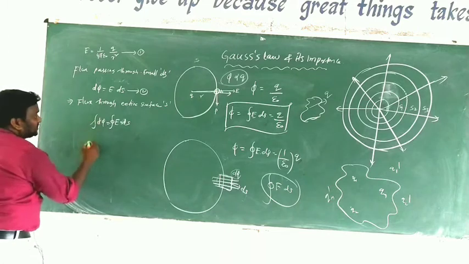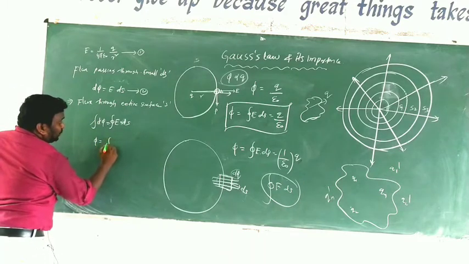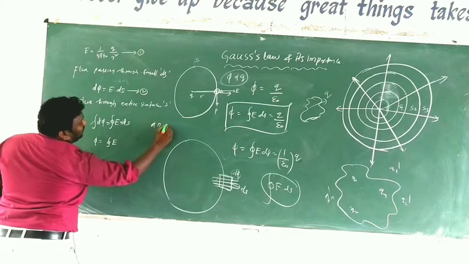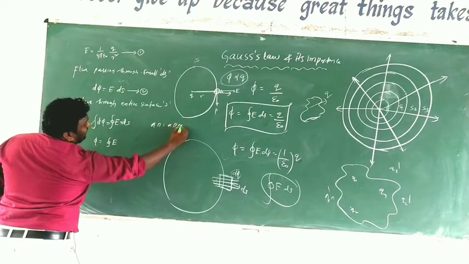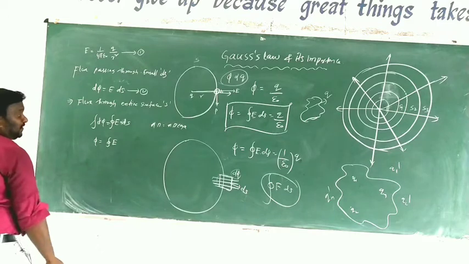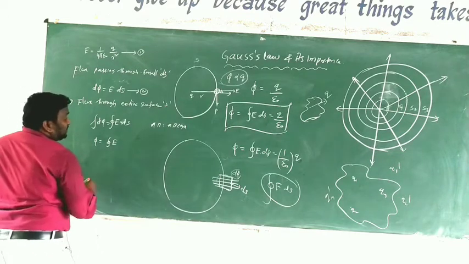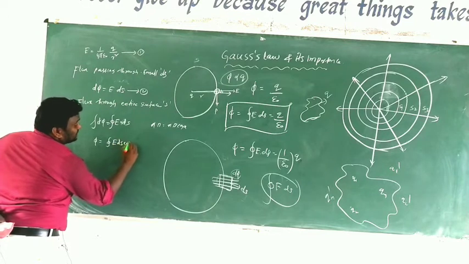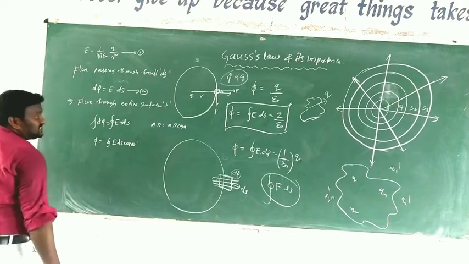So here these two cancel. What you get is phi is equal to the closed integral of E dot ds. A dot B means what? Mod A mod B cos theta. That's why I am writing E ds cos theta.